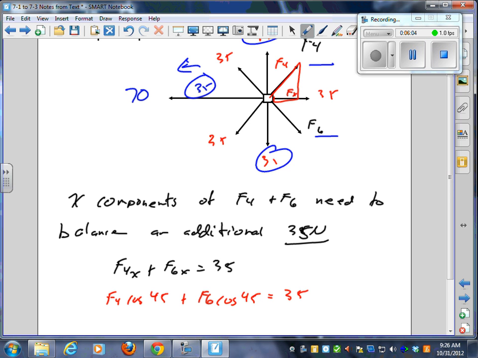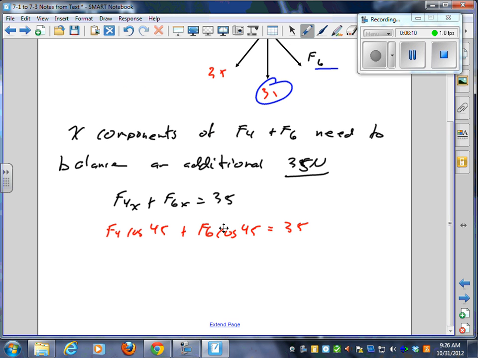And we know that F4 and F6 are equal forces. In other words, I can ignore the fact that there's F4 and F6, just call it F because they're the same, right? So I'm going to say F cos 45 plus another F cos 45, or in other words, 2 F cos 45 equals 35 newtons.